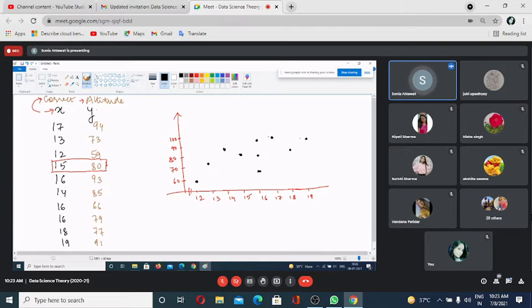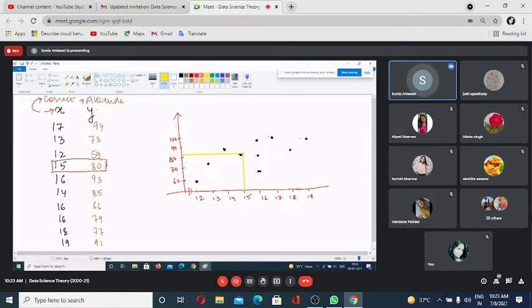So let's plot something for 15. If I draw a straight line using this one, and another line, getting my points, class.